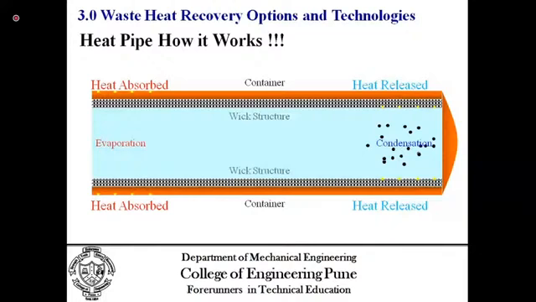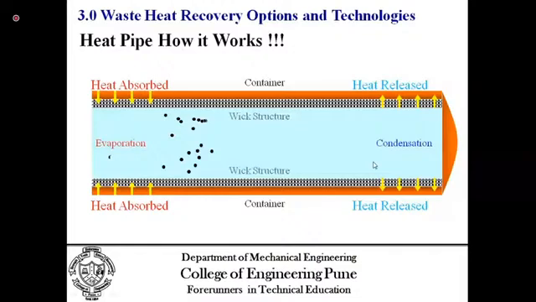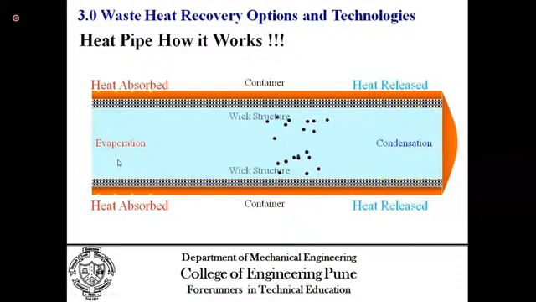What happens? This is a sealed pipe tube with a wick structure at the surface, and the annulus is open. The refrigerant inside this duct, when it gets in contact with the evaporator, the liquid refrigerant gets converted to vapor, and this vapor will pass through the annulus. In the condensation zone it gets condensed, and then it will pass to the wick.